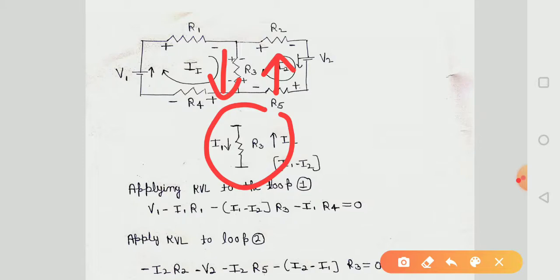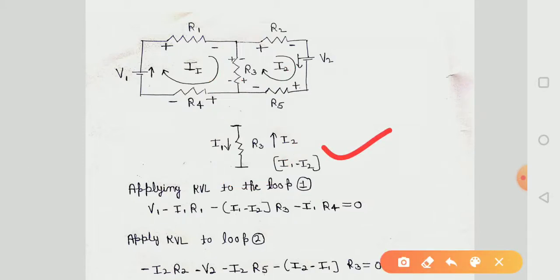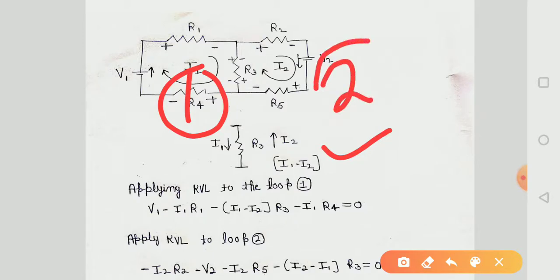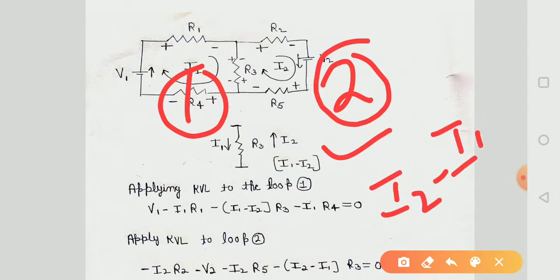So R3 has two currents, and the current flowing through R3 is I1 minus I2 for the first loop, for the first mesh, and for the second mesh this current becomes I2 minus I1 because of polarity.